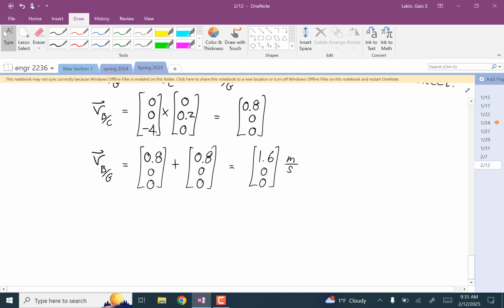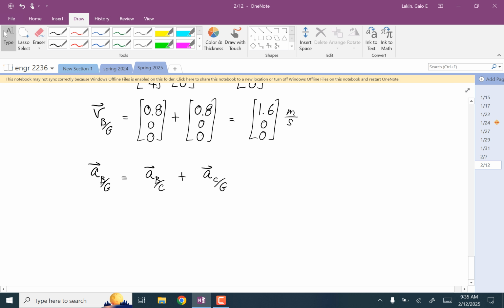And now the acceleration. The acceleration of B relative to the ground is equal to the acceleration of B relative to the center plus the acceleration of the center relative to the ground. The acceleration of B relative to the center. This is the watermelon equation.